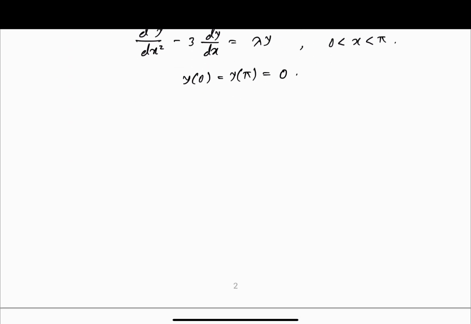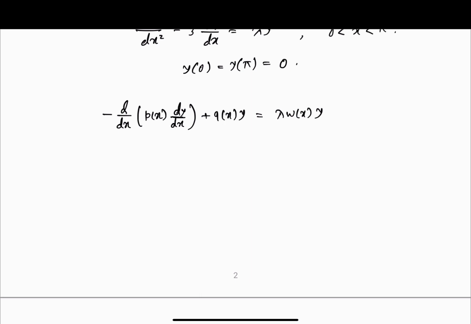So what is this general form? Minus d/dx of p(x) dy/dx plus q(x) y is lambda w(x) y.